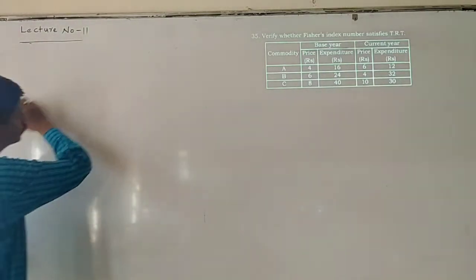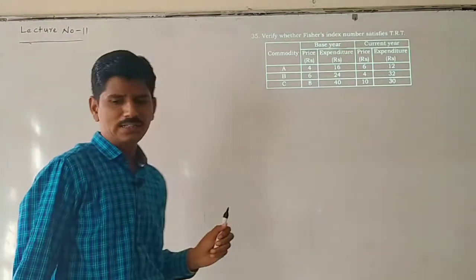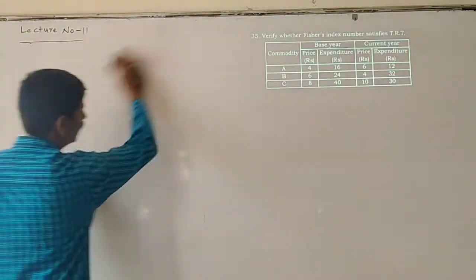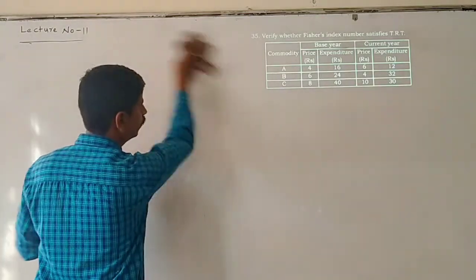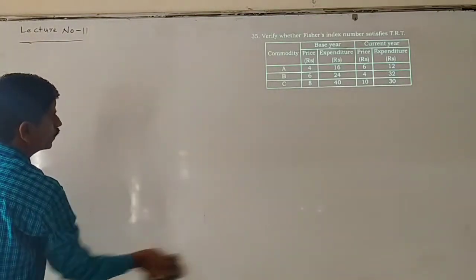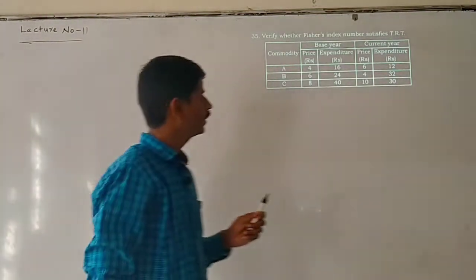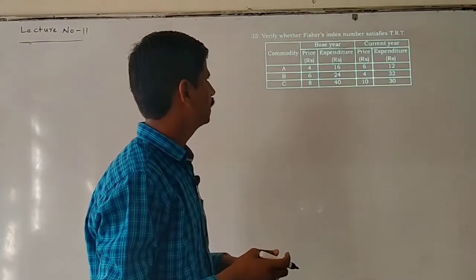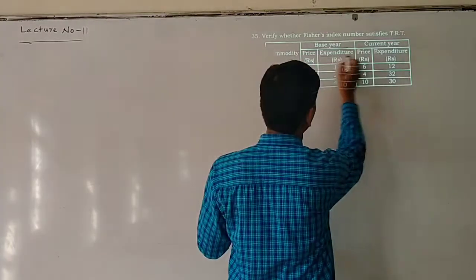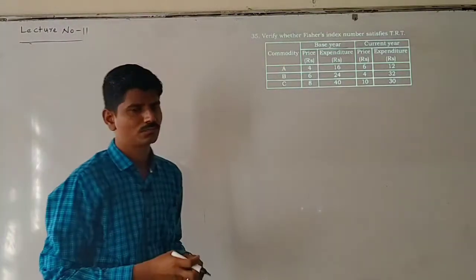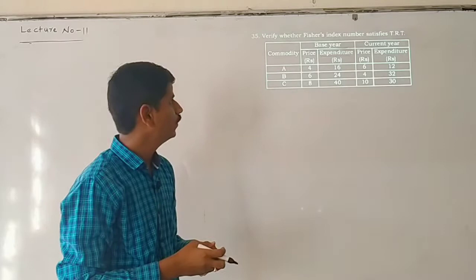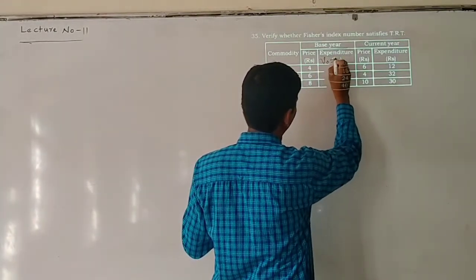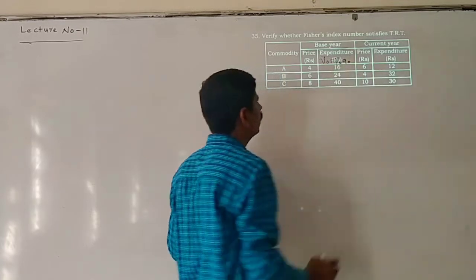Here commodities are A, B and C. Expenditure is nothing but value. That is, base year expenditure is denoted by V0 equal to P0 into Q0.